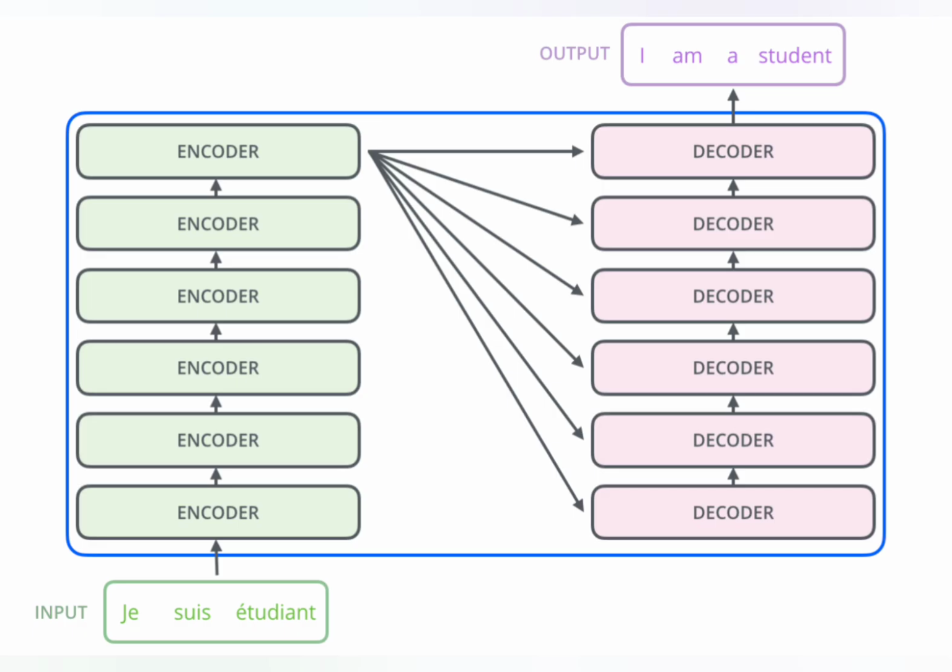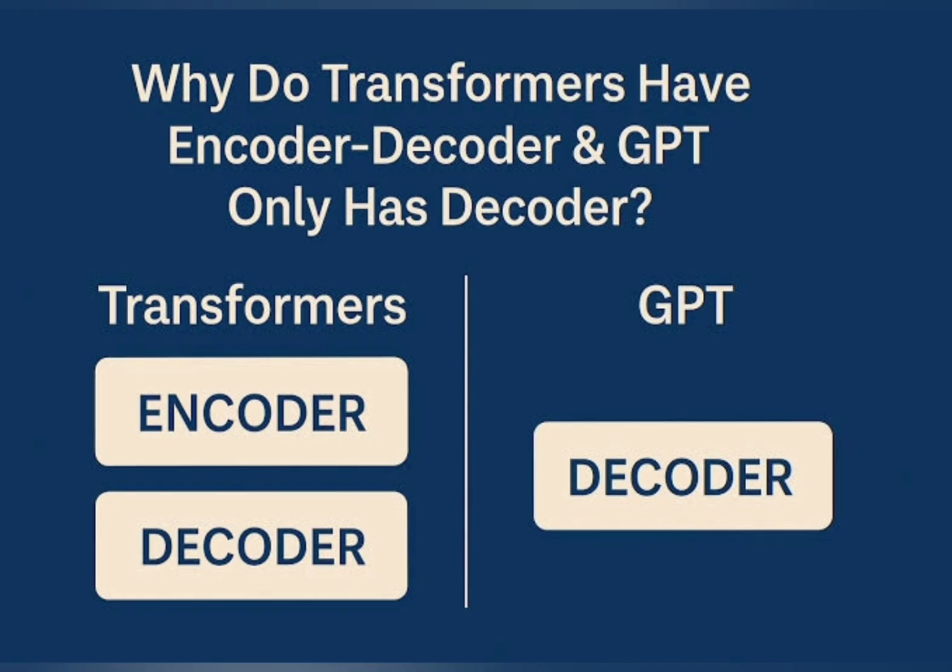For this it requires both encoder and decoder, because the encoder reads the French text and understands the input sentence, and the decoder, based on that understanding, generates the translated English sentence as output. If you are only generating text like ChatGPT, you might only use the decoder part.